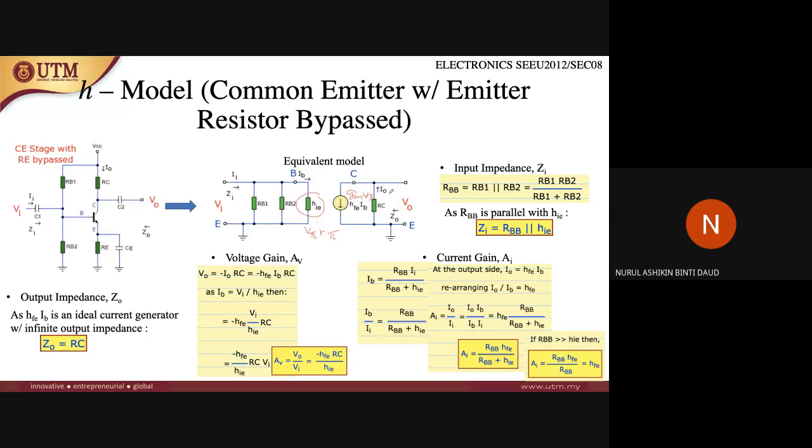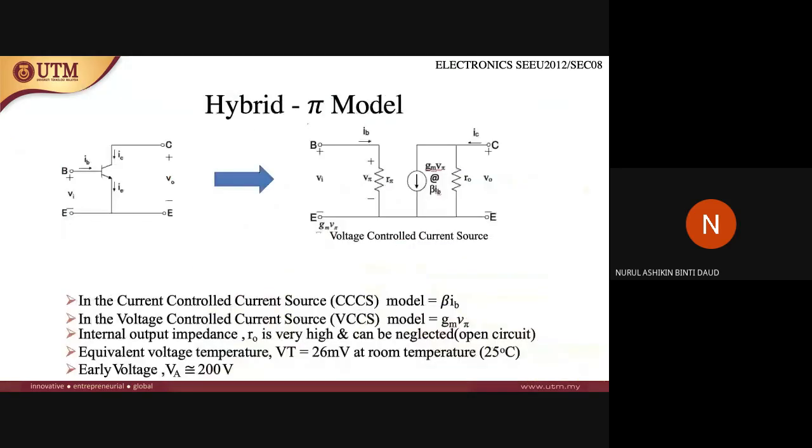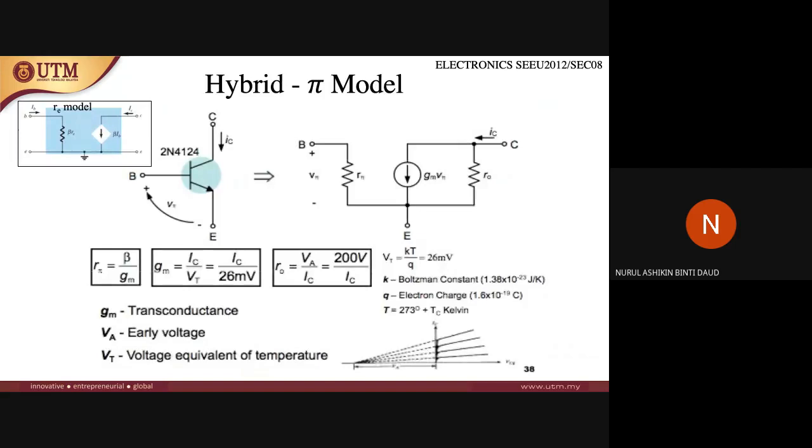From here you can calculate the input impedance and output impedance using what we have learned from the hybrid pi model, with the equations for r pi, gm, and ro.